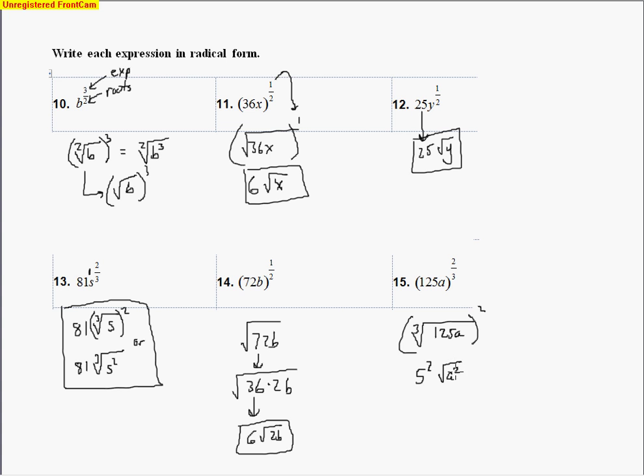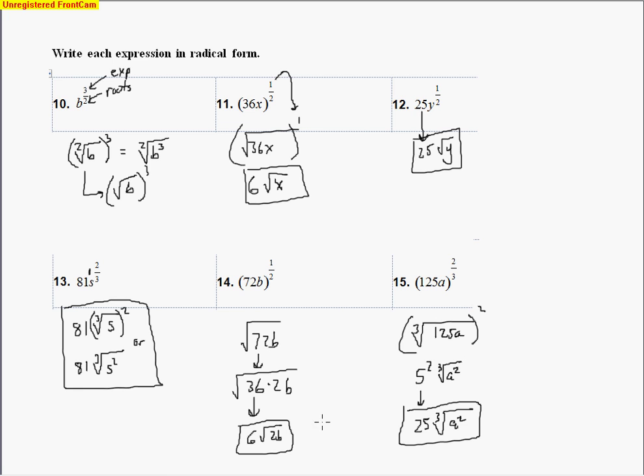I don't have 3 numbers that multiply to make that a squared, only 2 numbers here, so I've got to leave that as the cubic root. I'm going to fix that and make it look a little clearer. So the cubic root of a squared. I can go ahead and multiply out the 5 squared, so it's 25, and then the cubic root of a squared is the answer on this one.